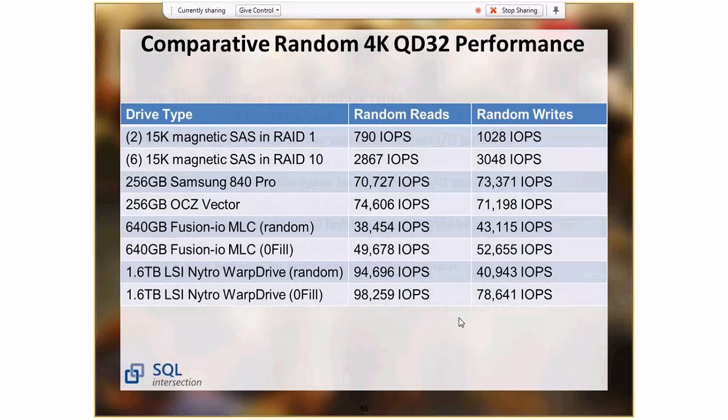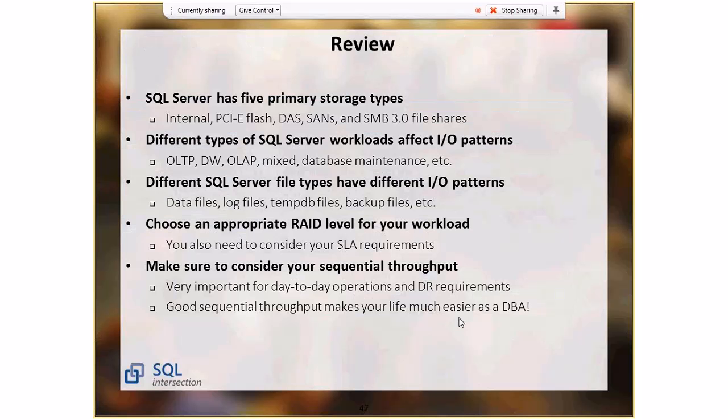So just to review what I've talked about here, you've got 5 primary storage types. You've got internal drives, PCIe flash cards, direct attached storage, and storage area networks. Probably most people have heard of all 4 of those, but now you have SMB file shares that you can use. You've also got the different types of SQL Server workloads that can affect your I/O and how you choose to set it up and configure it.